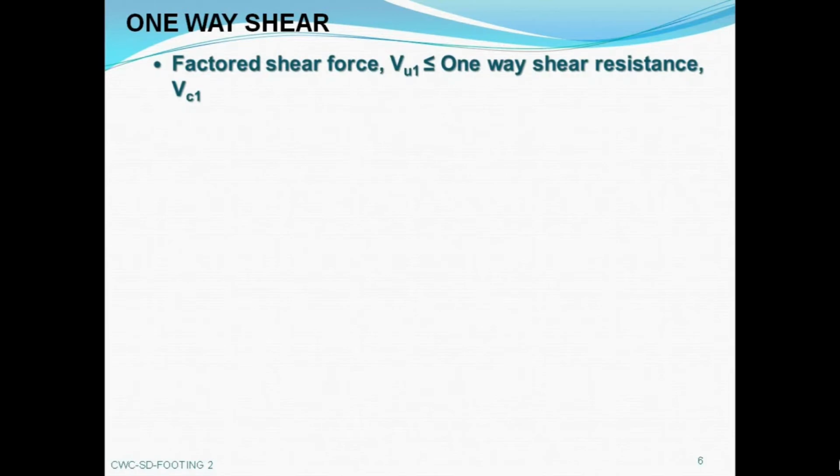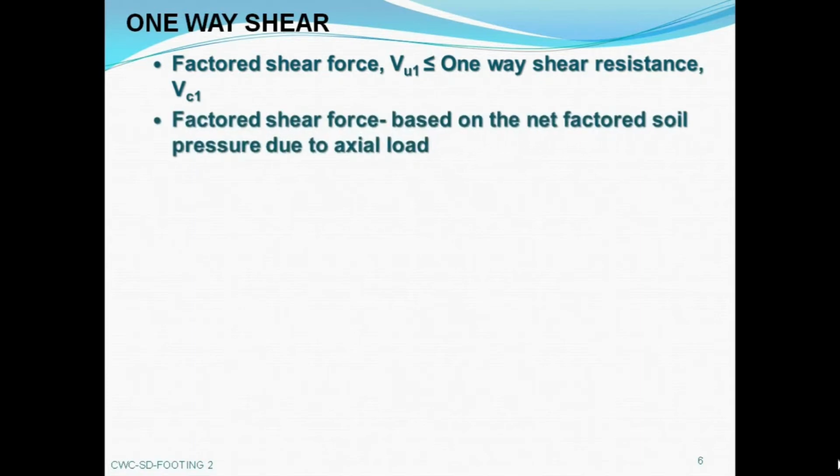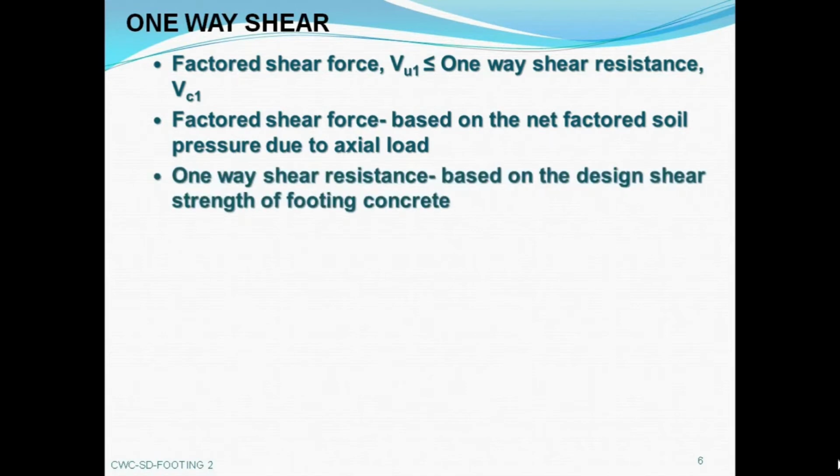The condition we have to apply here is the factored shear force due to one-way shear should be less than or equal to one-way shear resistance. The factored shear force can be calculated based on the net factored soil pressure due to axial load, which we have found earlier. And the one-way shear resistance is based on the design shear strength of footing concrete.